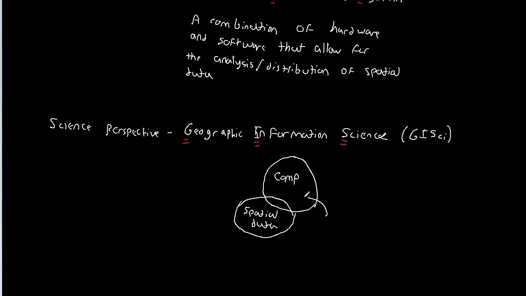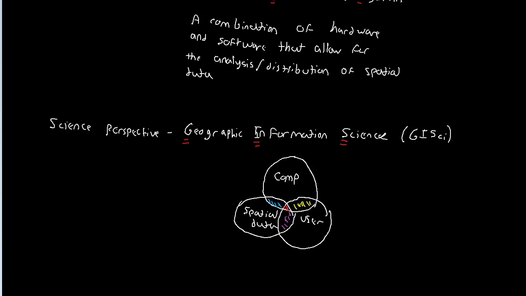And on the third hand, we have the user, or the analyst, or the specialist. And so we get these four regions of overlap. We have this region in the middle here, this region here, this region here, and this region here.